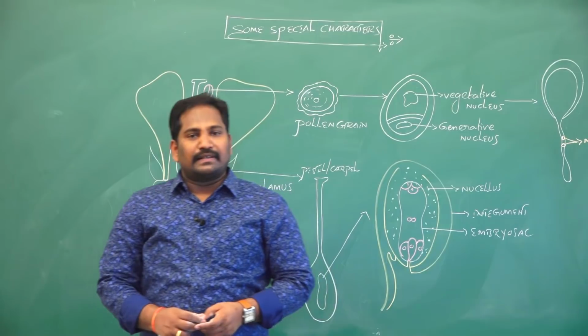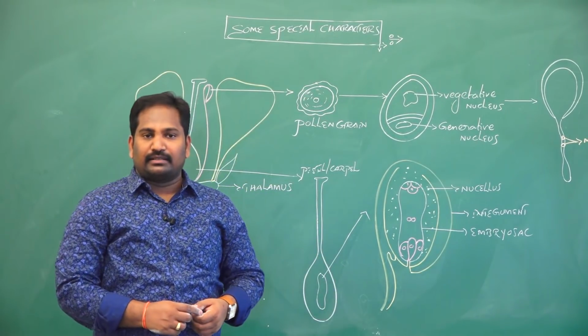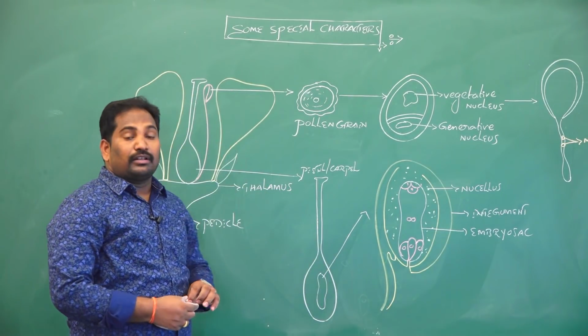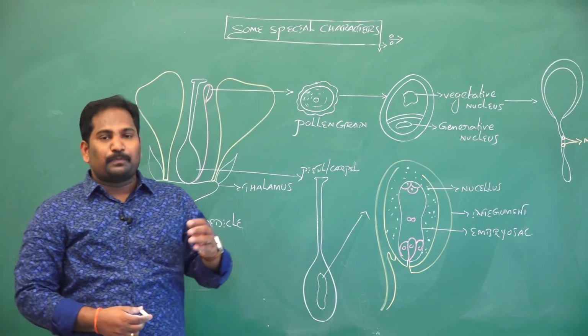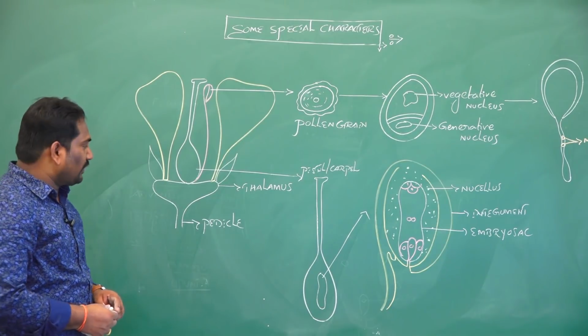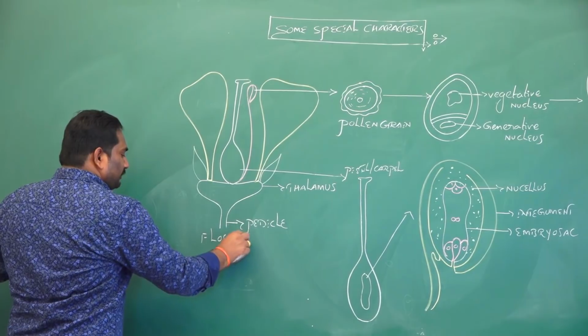At the end of sexual reproduction in flowering plants, second chapter in second year syllabus, we discuss the ploidy of different parts of the plant. For example, this is a bisexual flower. Flower is a part of sporophytic plant.